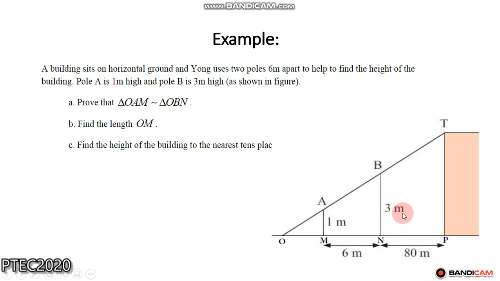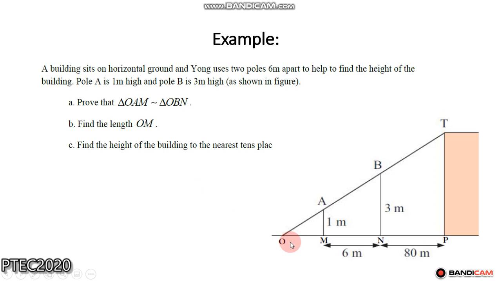In the figure, they also provide the distance from N to P, which is 80 meters. So prove that triangles OAM and OBN are similar.